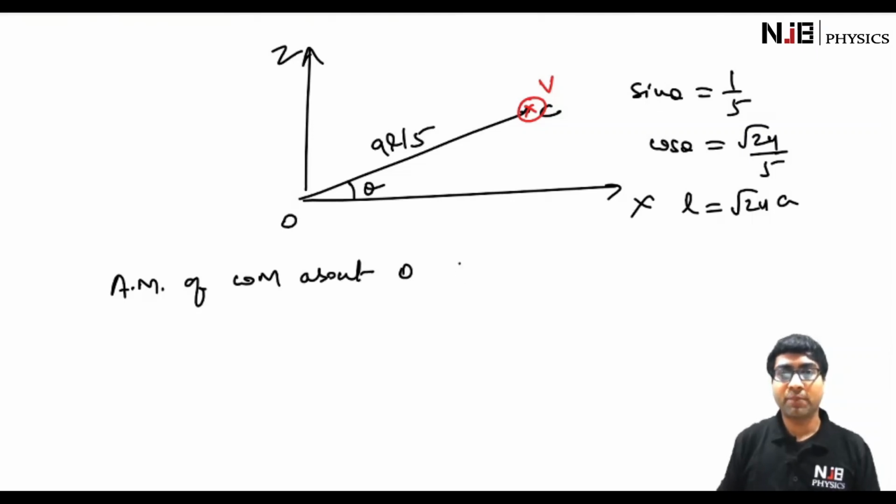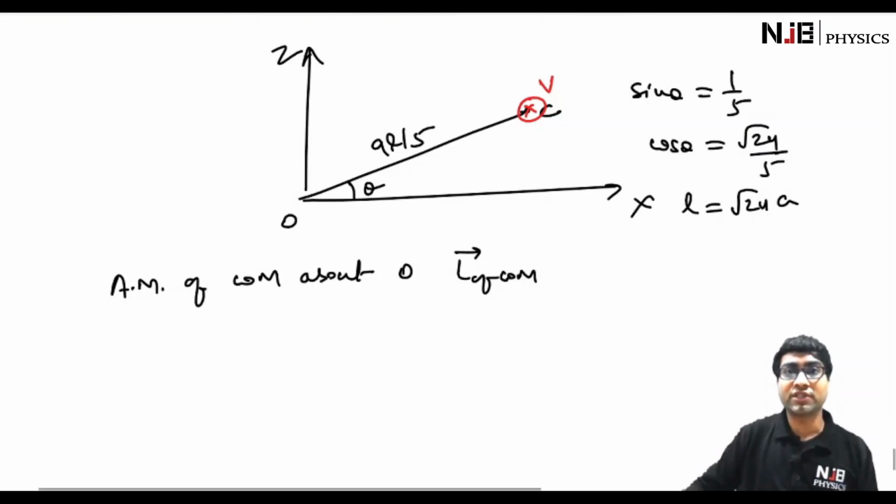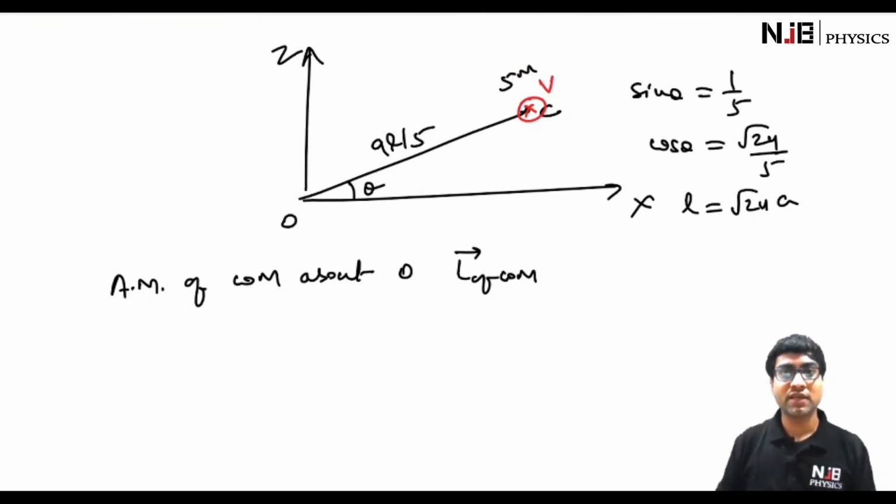I'm going to denote it by L vector of COM. So when we have to find angular momentum of the center of mass, we have to treat that the entire mass of the entire assembly, which is equal to 5 times m, is concentrated at the center of mass, and its velocity is v, which is into the plane of the paper, and we want to calculate its angular momentum about the point O. So the formula that we are going to use is m v r perpendicular.